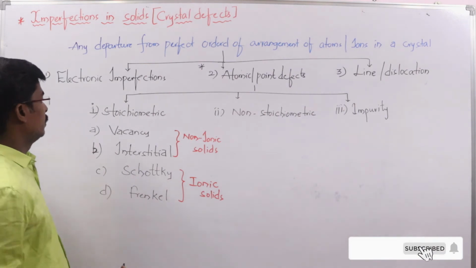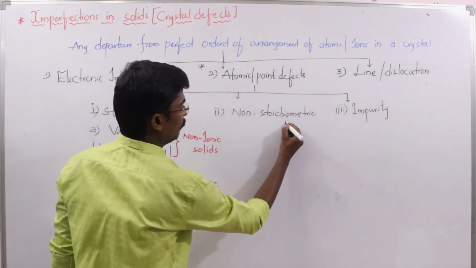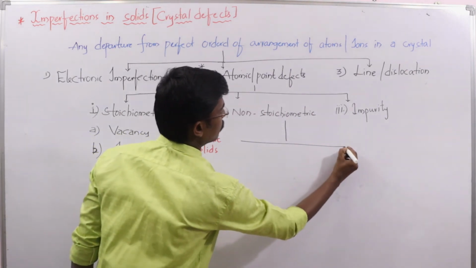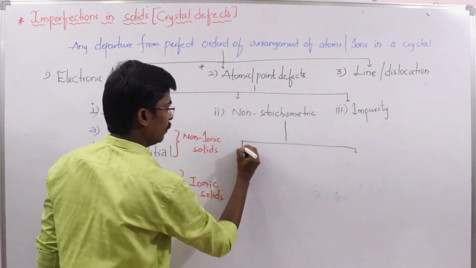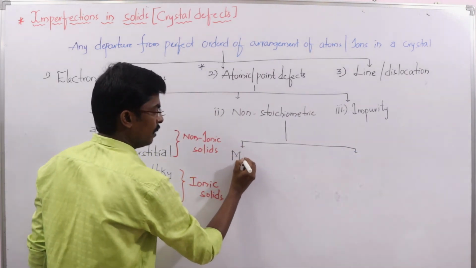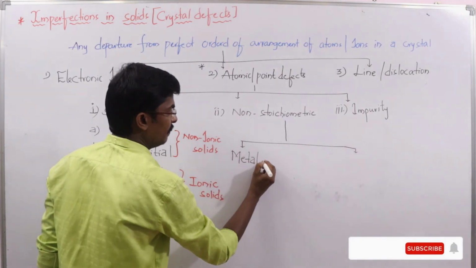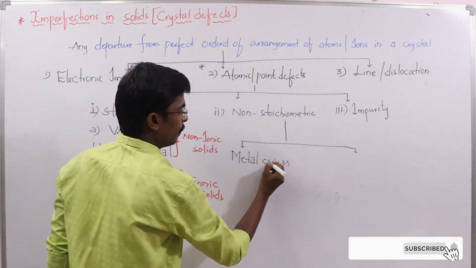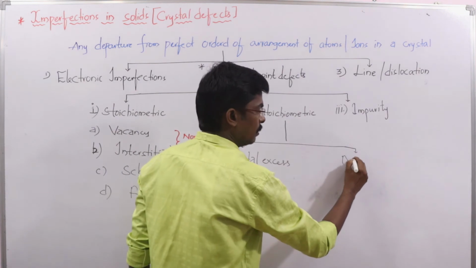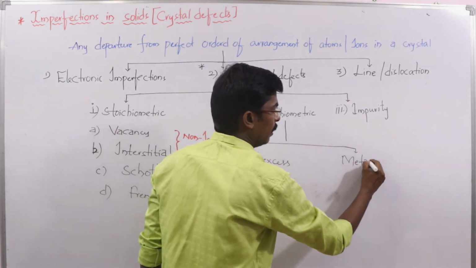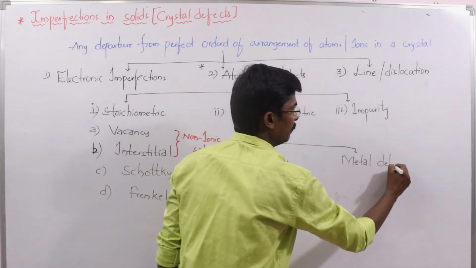At the same time, the non-stoichiometric defects are again two types. One is metal excess defect, and the second one is metal deficiency defect.